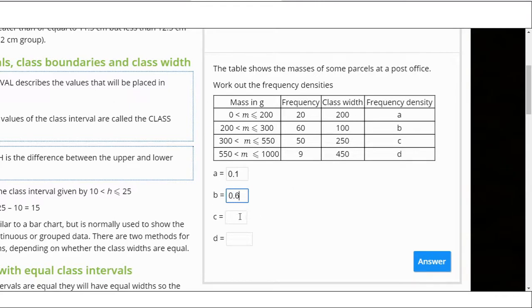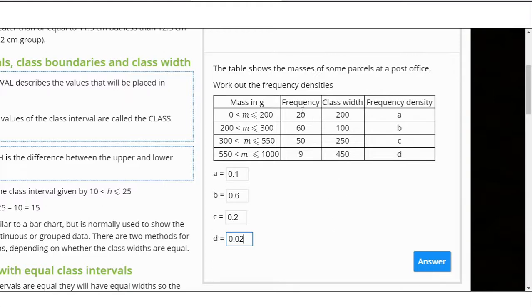C, 50 divided by 250, so 0.2. And then D, 9 divided by 450, so 0.02.